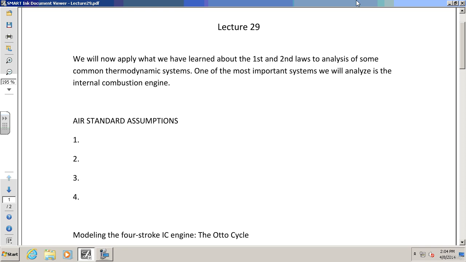Specifically, I guess this could be related to the four-stroke engine, but you can use similar ideas for the two-stroke. And let's think about this. Let's think, okay, so we got a piston cylinder. Here's our piston.